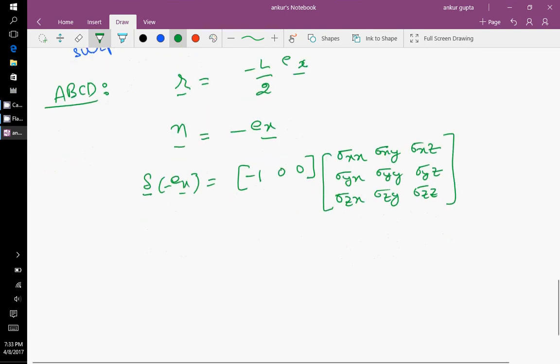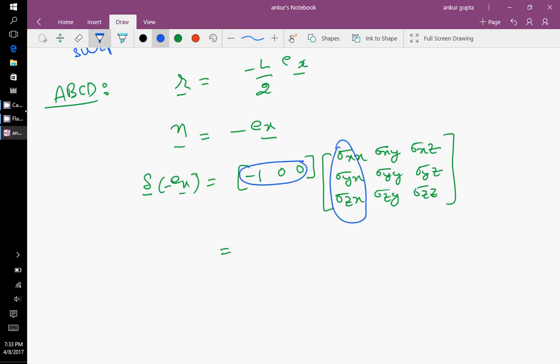To multiply matrices, we take this and multiply piecewise by this part and add, and that will become the x component. This is minus sigma xx ex. Then you multiply by this part, and you will have sigma xy ey and sigma xz ez.